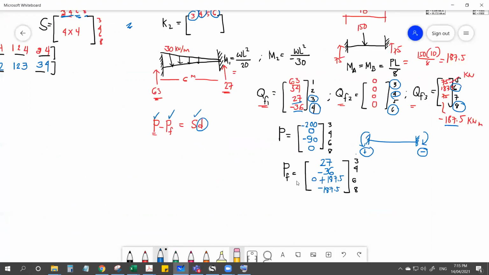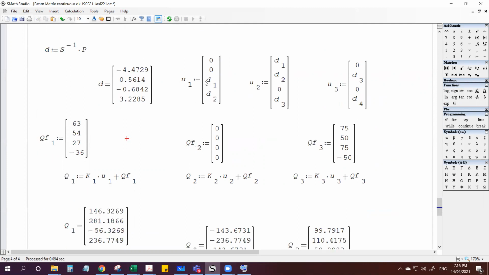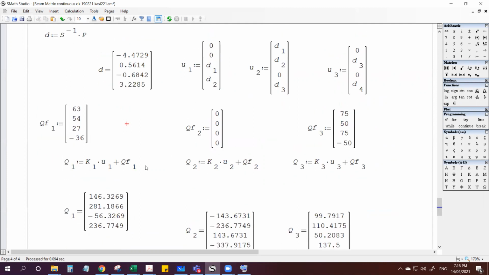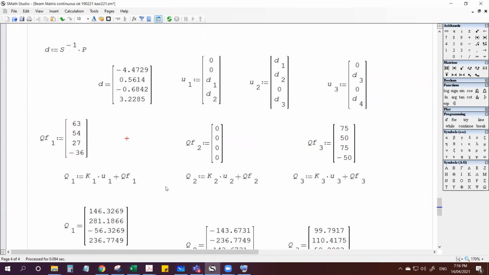Then QF1, I'll update the QF1. It should be 63, 4, 36. K1 U1 plus QF1. And for QF2, it's 0.